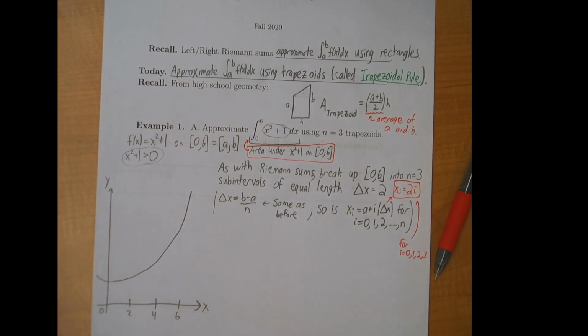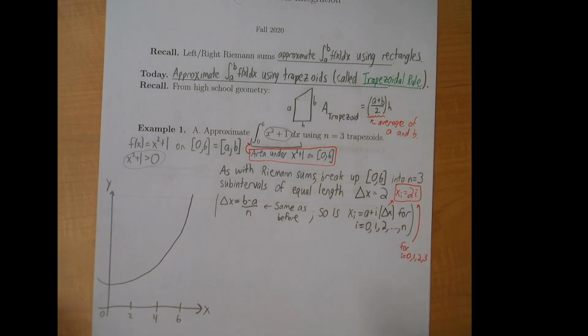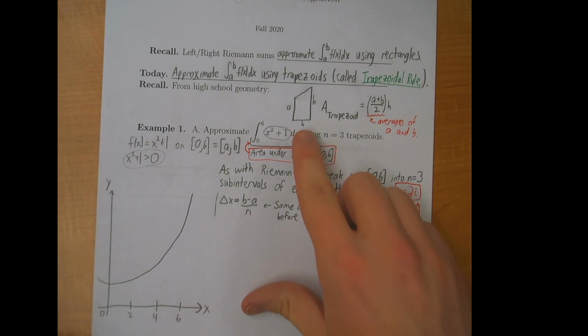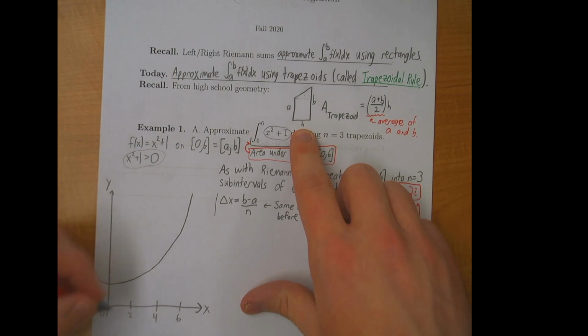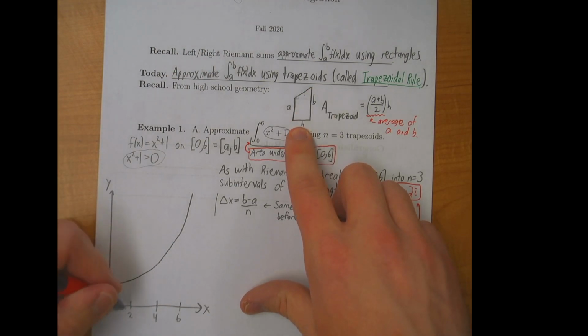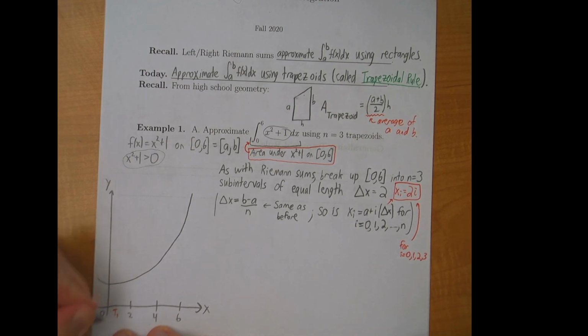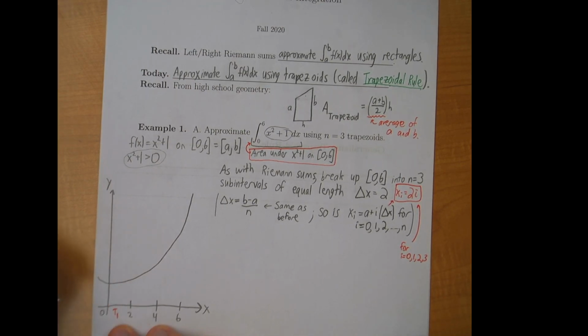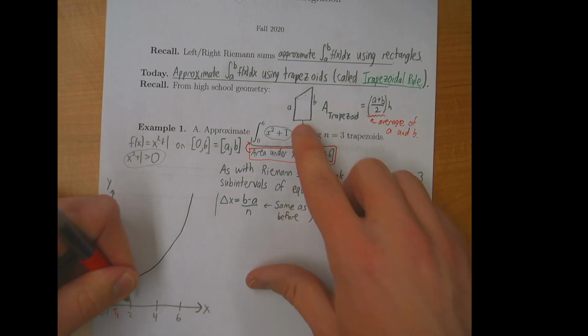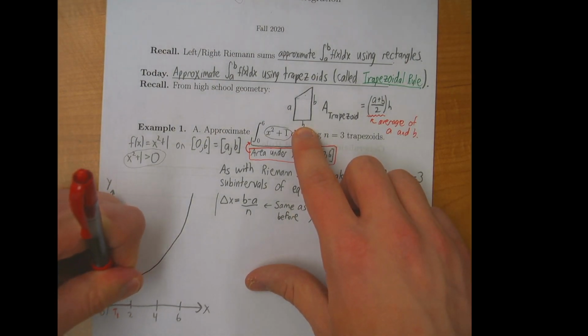Now here's how our trapezoidal approximations are going to work. As with lesson 29, the bases of our trapezoids are still going to lie on each subinterval. So if we have T sub 1 here, our first trapezoid, the base is going to fall on the x-axis. Here's the base.